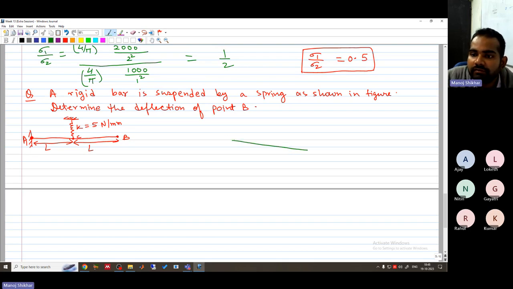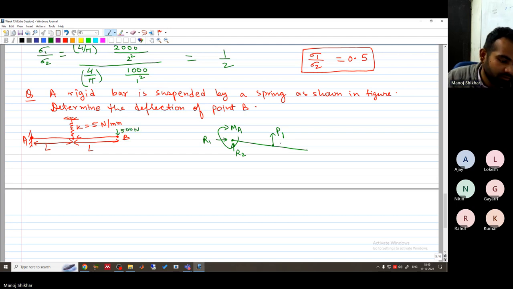So the free body diagram will be at A, we will have some reactions. Let's see, we have a load P1. And there is one more load here, at point B, and this load is of 500 Newton.